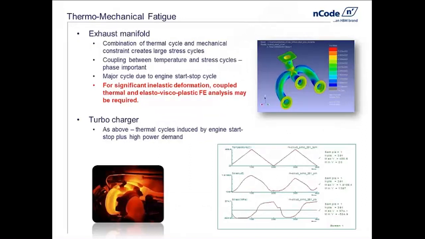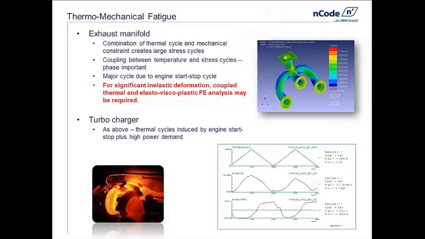The other form of high temperature fatigue is one where the thermal transient is actually generating the stresses causing the fatigue. The example here is the exhaust manifold. The exhaust system and the muffler were so loosely supported from the car body that when there was a temperature increase, it was allowed to expand and not really generate any stresses.